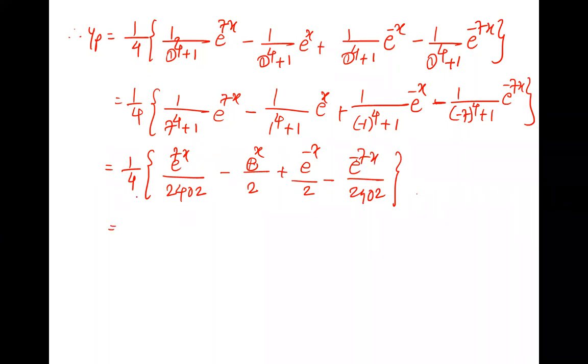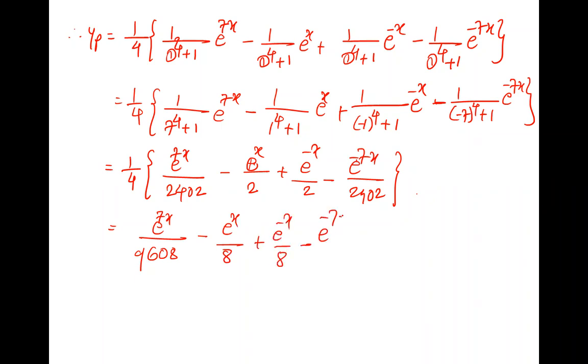Okay. So this 4 will get multiplied inside. What will be the term? 4 times 2402 is 9608. Here it is 4 into 2 again 8, minus, upon 9608, YP.